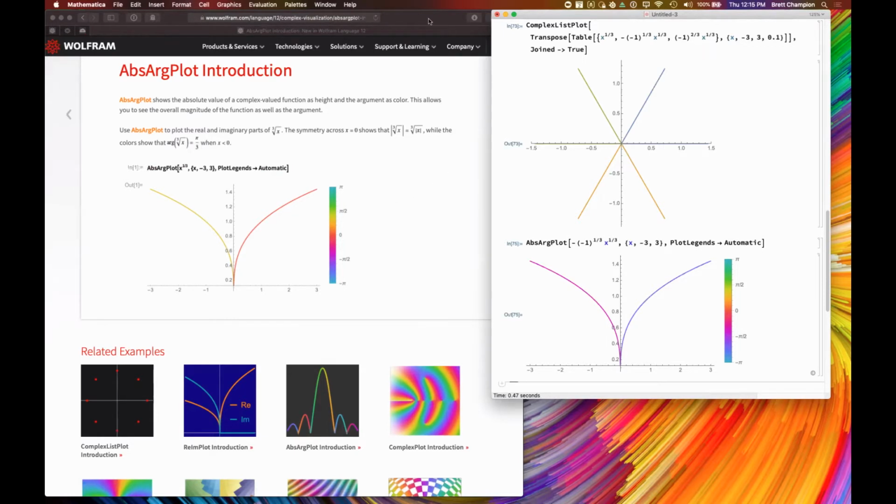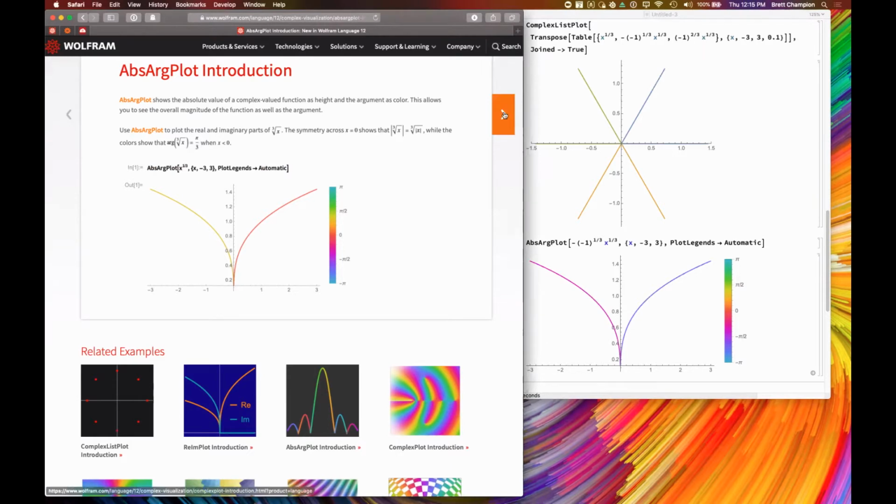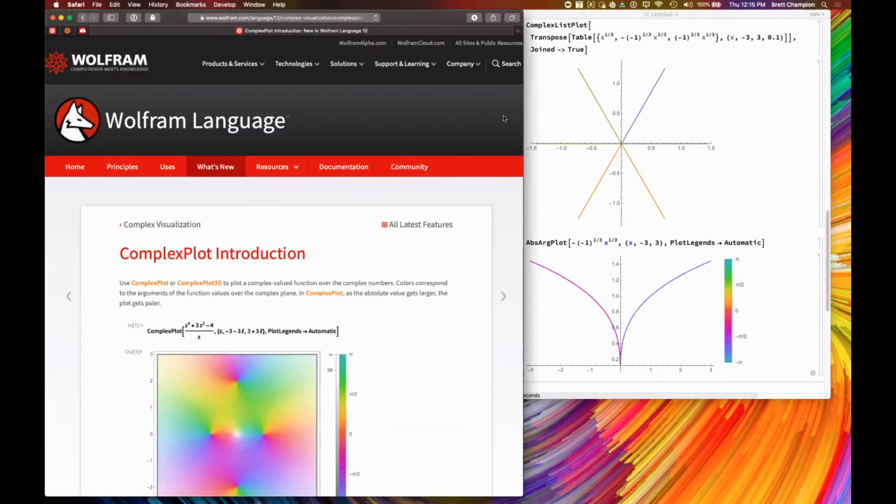complex valued visualization functions. And then we get to sort of the really fun ones, which are complex plot and complex plot 3D, which are plotting the magnitude and the angle, the argument, of the function over the entire complex plane.